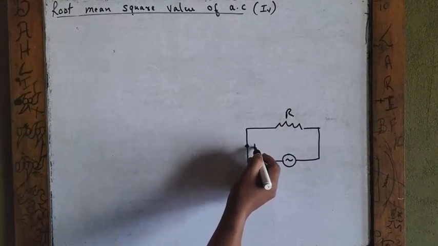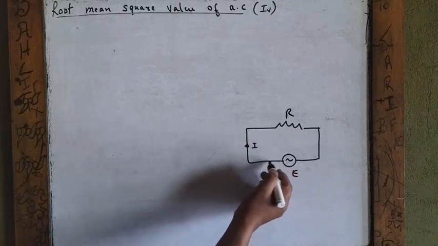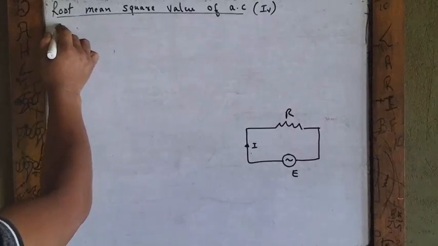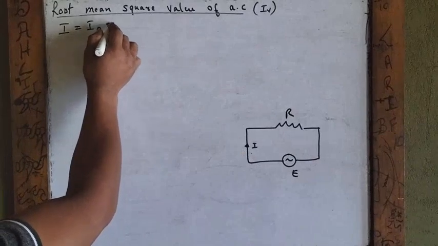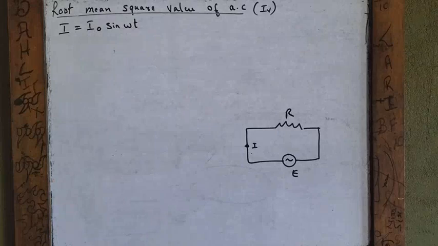The instantaneous current produced by this alternating source of EMF E, let's say it is I. And this instantaneous current, if you remember, is written as I equals I naught sine omega t, where I naught is the maximum value of the alternating current, and omega is the angular frequency of the alternating current.